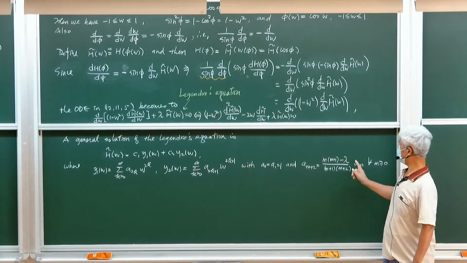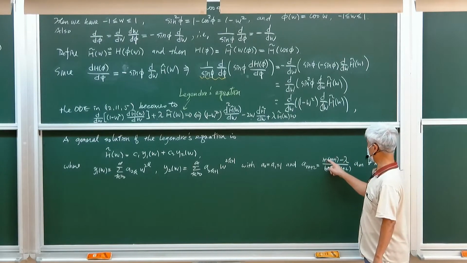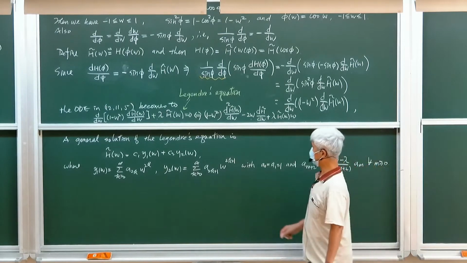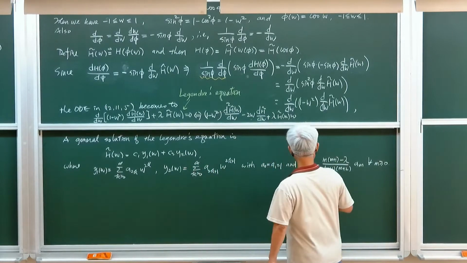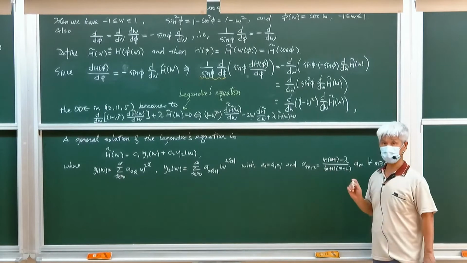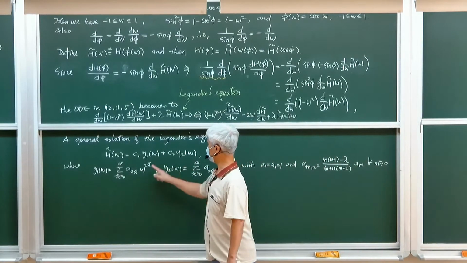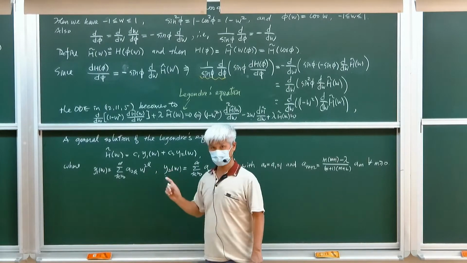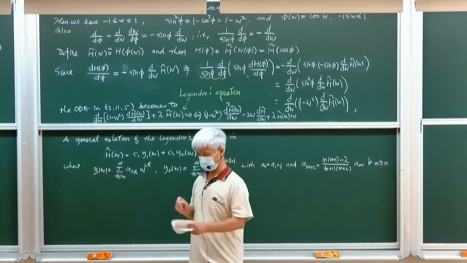So you can see that if lambda is not equal to some n times (n plus 1), then this is an infinite series, as we know. But if lambda is equal to some n times (n plus 1), then one of the series is a polynomial. It's a polynomial there.